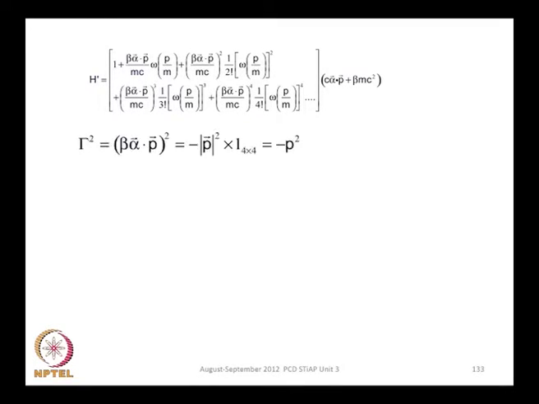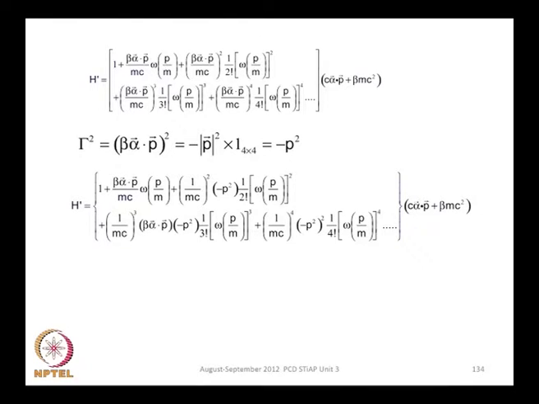Okay. So, now you have gamma square, and this really allows us to write this expression in a form which is very familiar to all of us, because now you write these terms explicitly, and you had the n to the power 0 term, then n to the power 1, n to the power 2, n to the power 3, and so on.